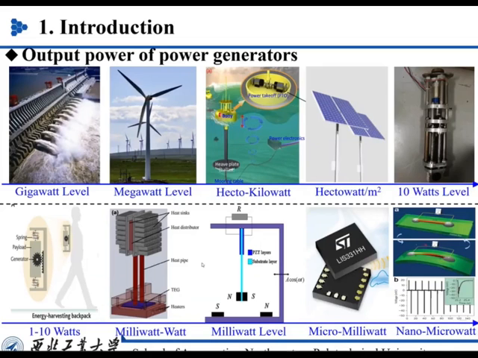The vibration energy harvester mainly focuses on the milliwatt level, the middle picture of the second line. As the device size becomes smaller and smaller, for the MEMS, its output power is from the microwatt to the milliwatt. And for the nano scale, its output power may be the nanowatt.